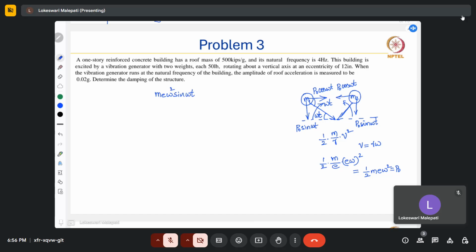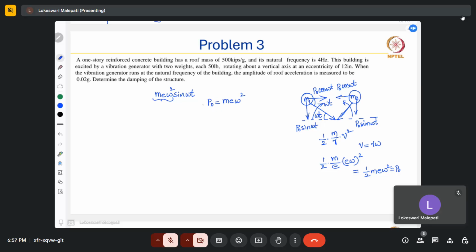Now they have given the weights and also the eccentricity. The response to this can be found using the displacement response factors that we already found out. In this case, P naught is m e omega square.